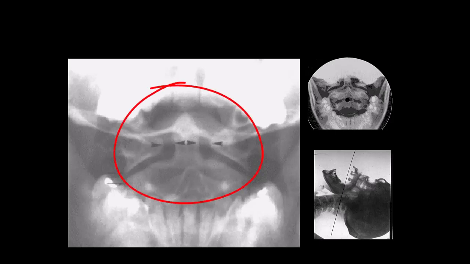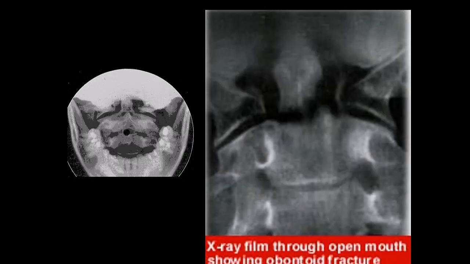First of all, we'll see the body of C2, and notice the dens is projecting upward through the lateral masses of C1. Fractures of the dens or odontoid are not uncommon. Here we see an open mouth showing an odontoid fracture.